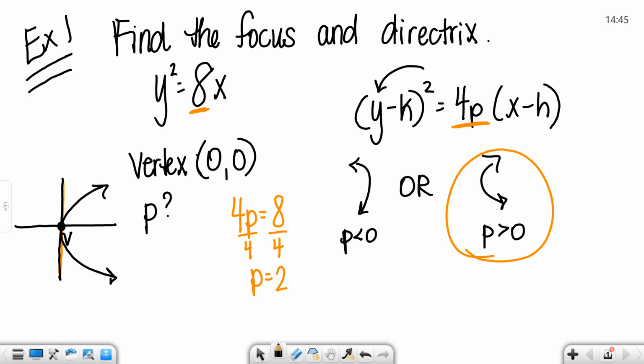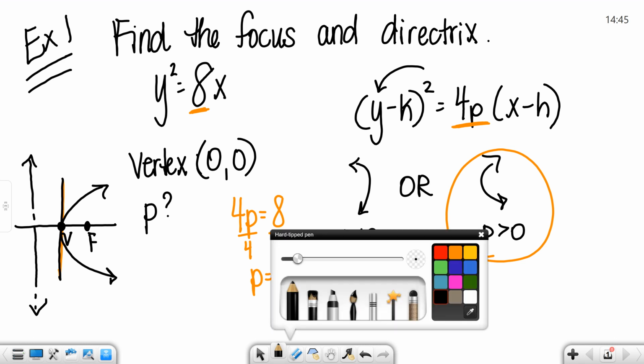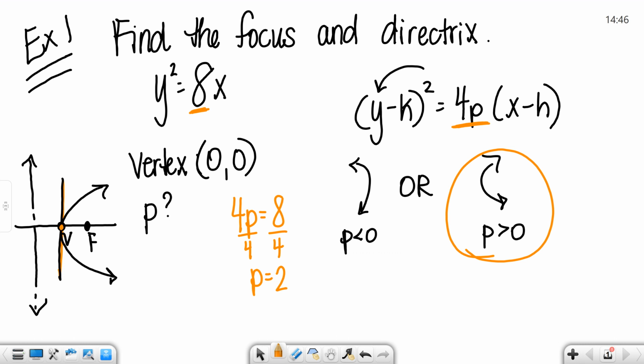Now, I know that my focus is somewhere inside the curve, and I know my directrix is out here running perpendicular to the axis of symmetry. And the distance from the vertex to the focus is 2 spaces, and the distance from the vertex to the directrix is 2 spaces.